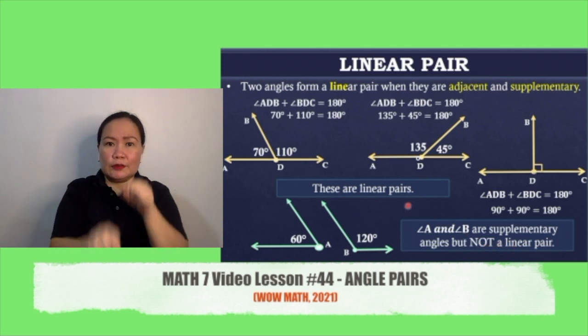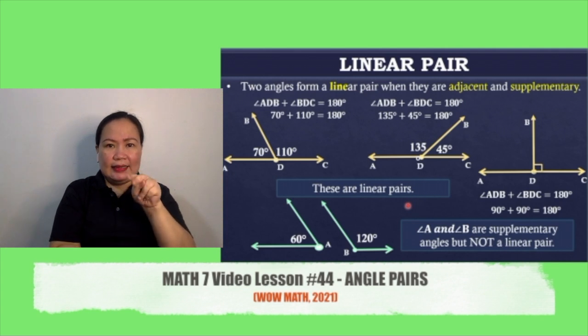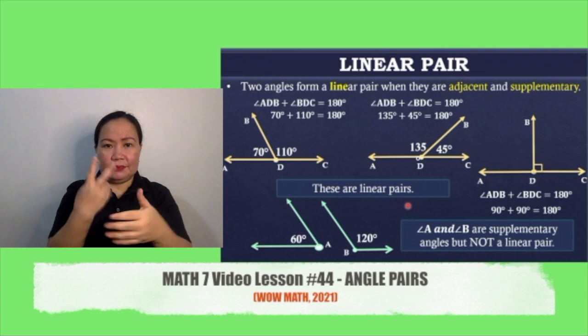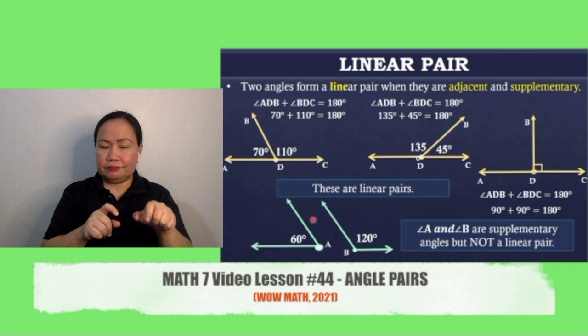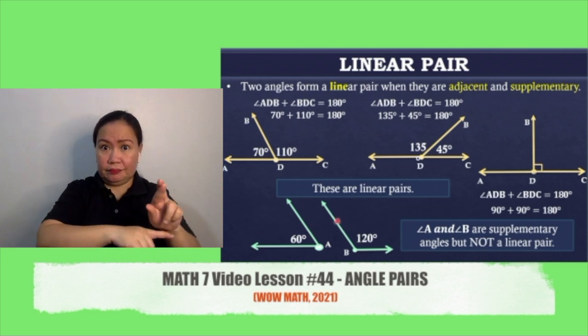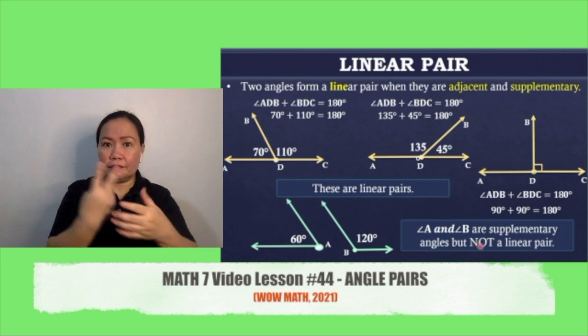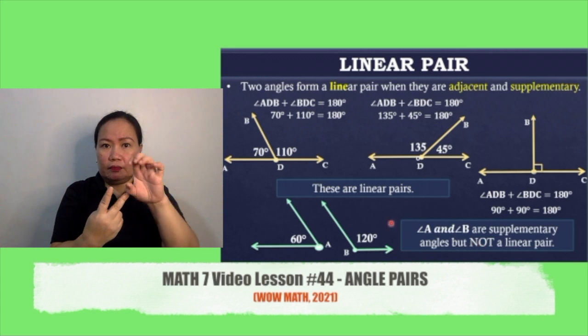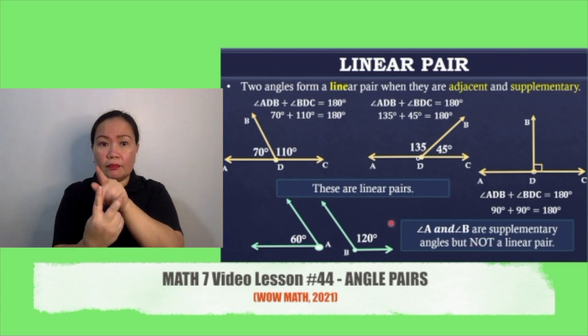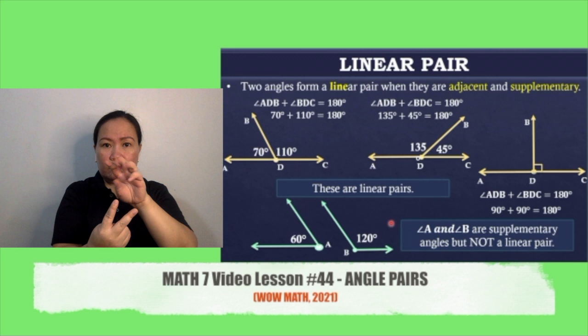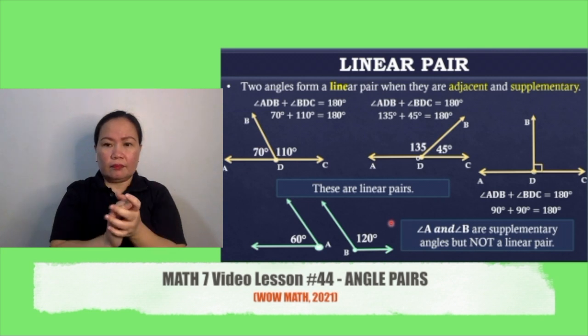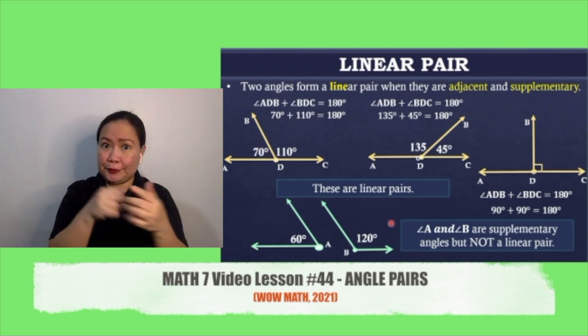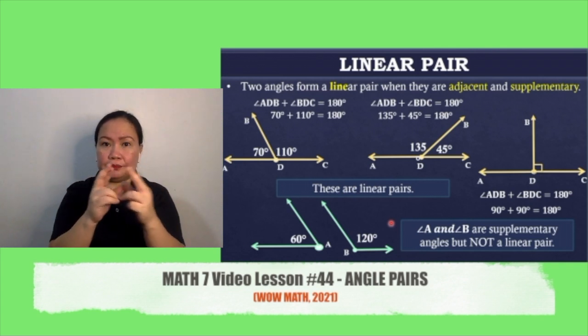So, ito po yung concept ng linear pair na dapat adjacent at the same time supplementary. Kasi kagaya nito, supplementary angles lang to, pero hindi sila linear pair. Okay? So, dapat alam natin nire-relate na natin lahat ng angle pairs dito. So, dito kasi papasok yung tanong na, are all linear pairs supplementary?